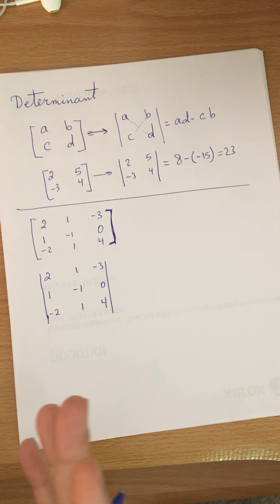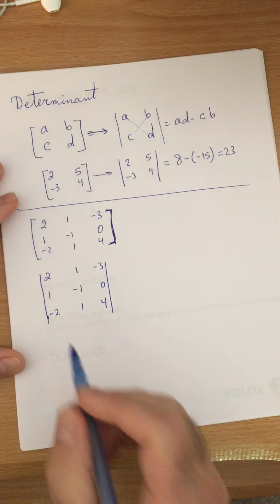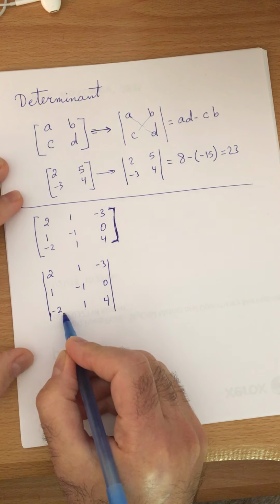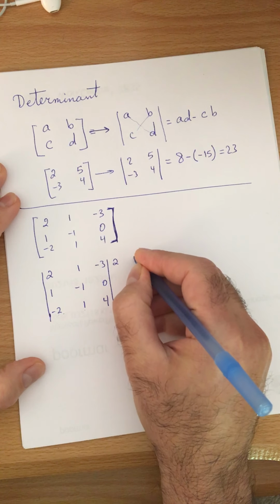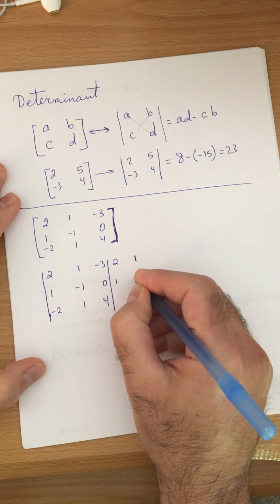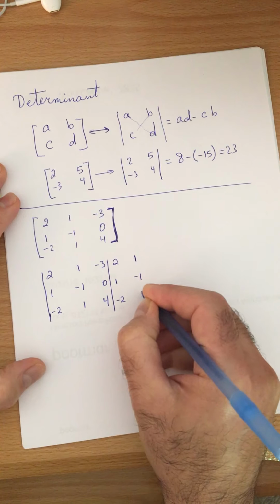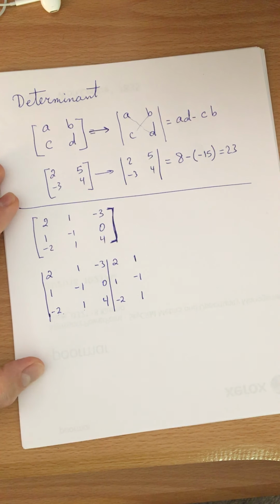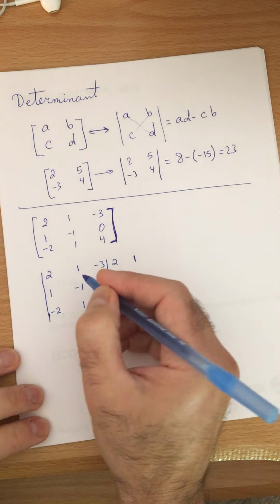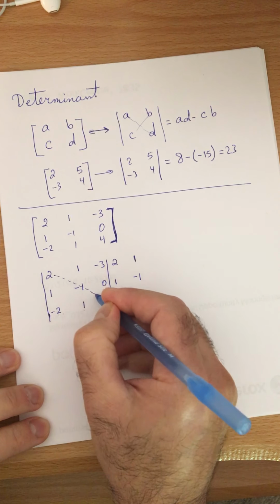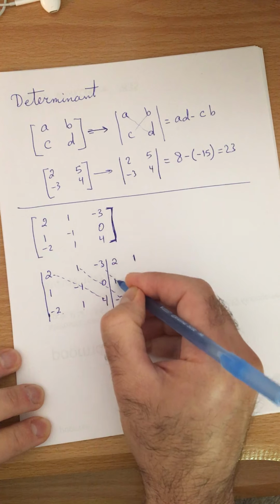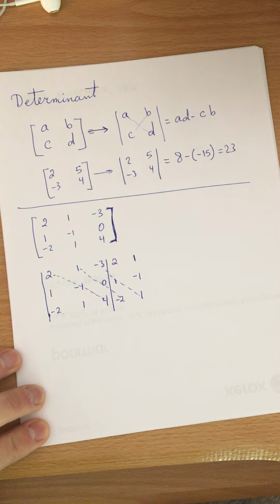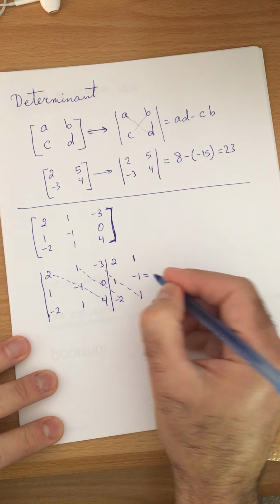Anyways, so when you want to evaluate a 3 by 3 determinant, you copy the first two columns right on the right hand side of the determinant like that. Okay, and then you evaluate this diagonal, this diagonal, and this diagonal. Okay, so let's do that first.